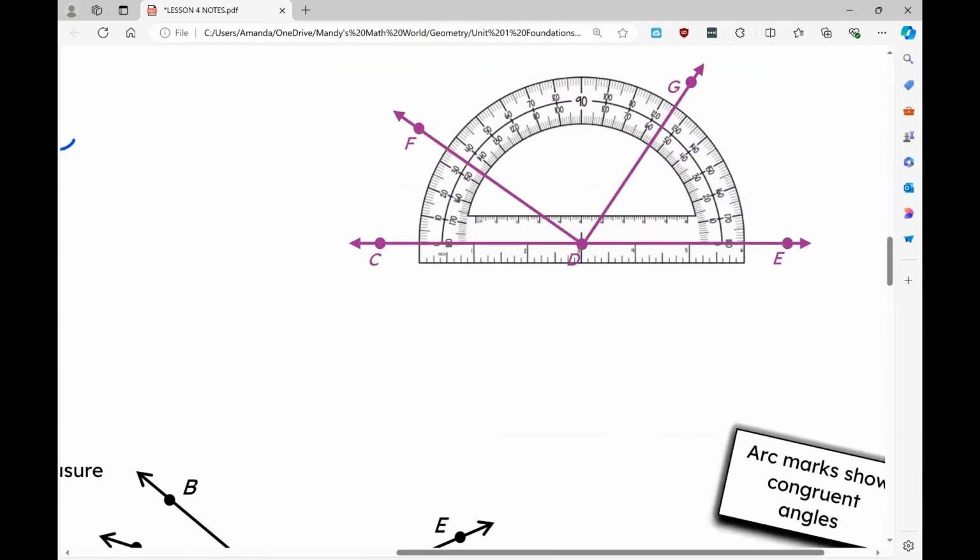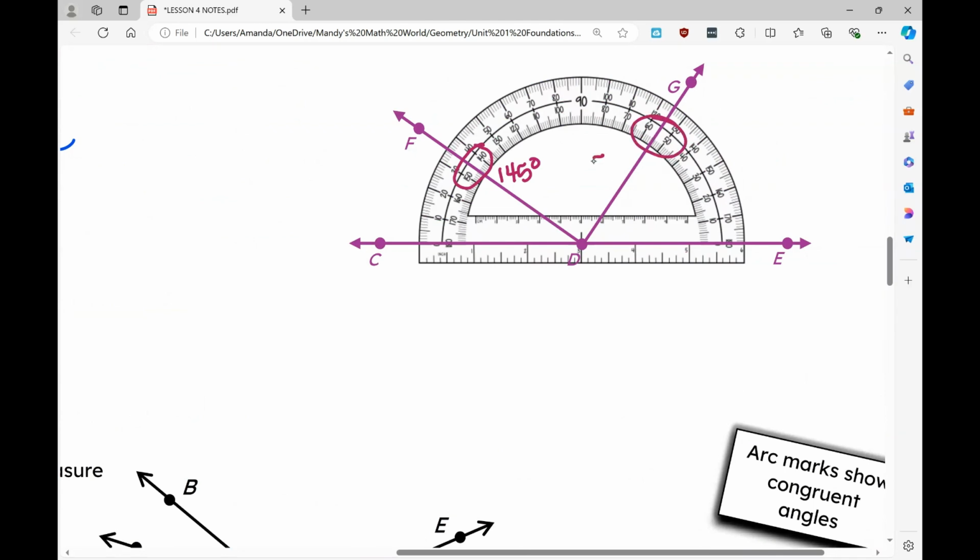And for this, whatever you do, just use the same numbers for both rays, right? So in this case, I'm going to use the inside numbers. So DF, that's between 140 and 150. That's at 145. Ray DG, that's between 60 and 50.